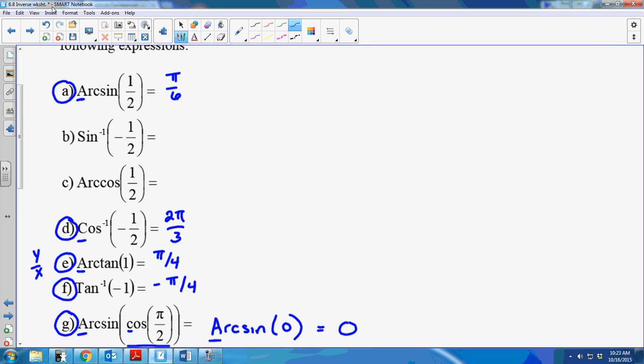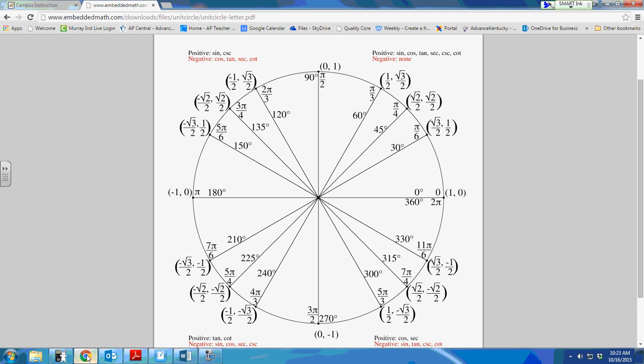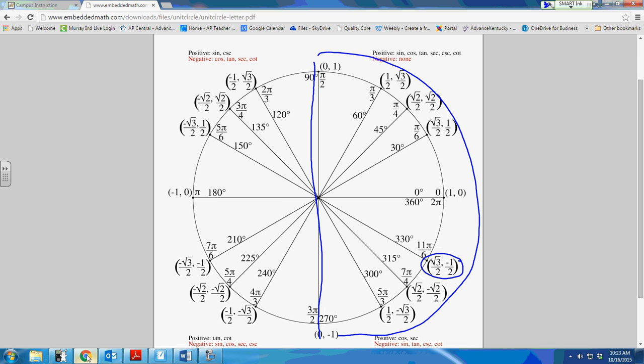All right, so on B, we're using arc sine of negative 1/2. So we're looking to see where sine is negative 1/2. Since it's capital S, we can only look at the right-hand side from negative pi over 2 to pi over 2. So sine is negative 1/2 right here, right? But 11 pi over 6 isn't the right answer.